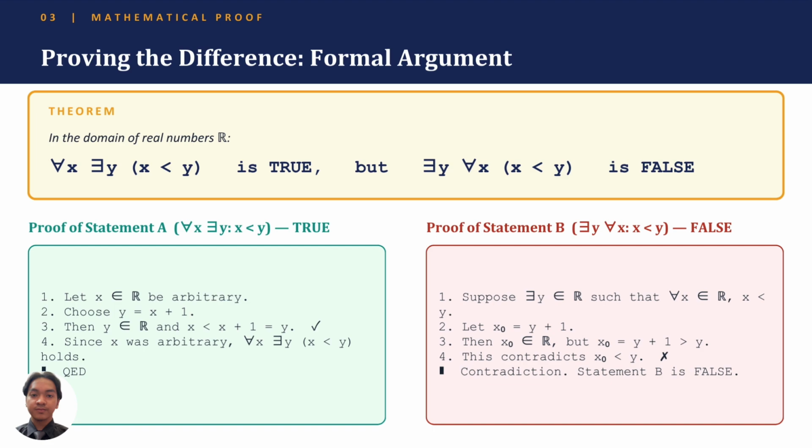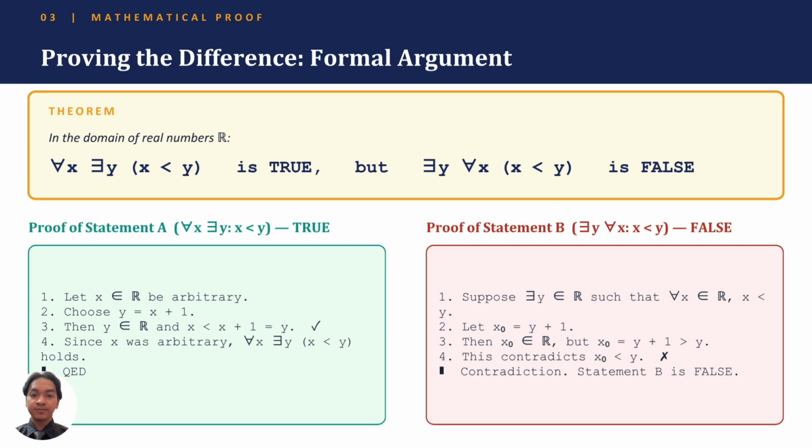For statement B, it is false. Suppose there exists y, an element of the real numbers, such that for all x, an element of the real numbers, x is less than y. So let x naught equal y plus 1.